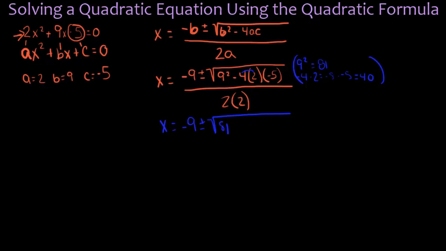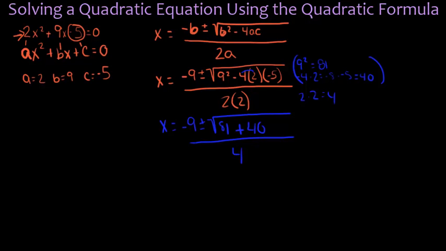And then we have 40. Remember to always pay attention to your negative and positive signs. We got rid of the negative by multiplying negative 4 by 2, so now we have a positive 40, all over 2 times 2, which is equal to 4.